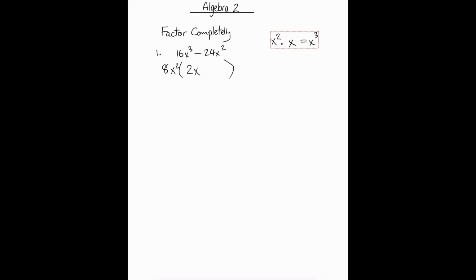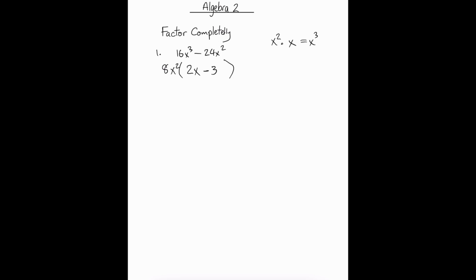The next thing is to ask yourself, 8 times what gives you negative 24? Well, we know that 8 times 3, as we said before, is 24. Therefore, accounting for signs, a minus 3 times an 8 gives you the negative 24. And then x squared times what gives you an x squared?